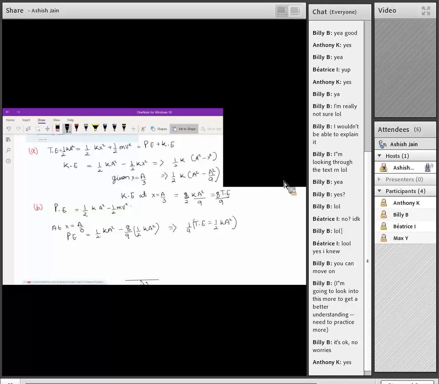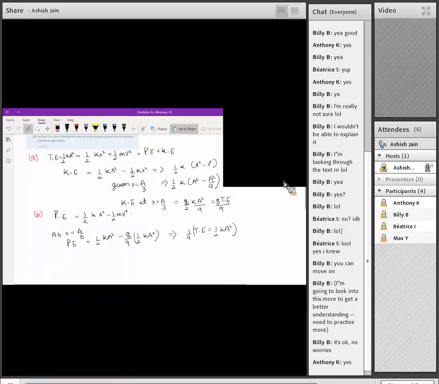You guys agree with me? So at x equals a by 3, the kinetic energy we calculated in the first part was 8 by 9. I just substituted that here and we get the answer for potential energy, that is 1 by 9 of total E.